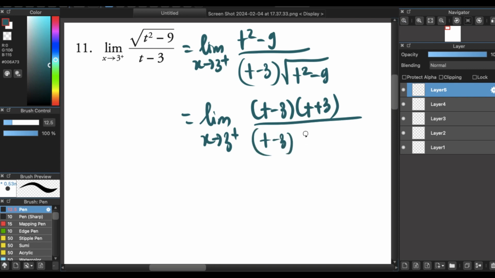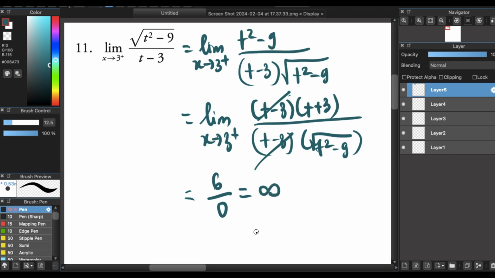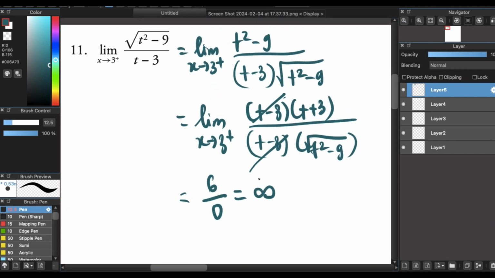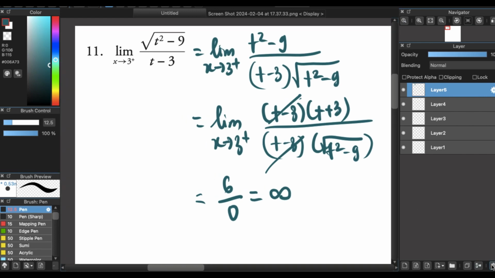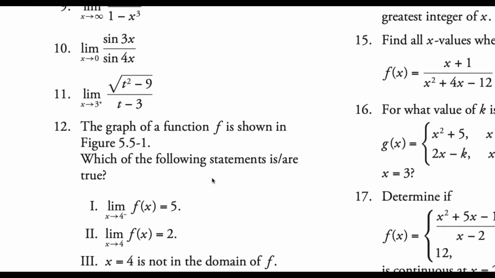I'm going to cross out the t minus 3, and what is left is this, and when substituting t for 3, we're going to obtain 6 over 0, which proves that the limit is infinity. Okay, let's move on to the next example.